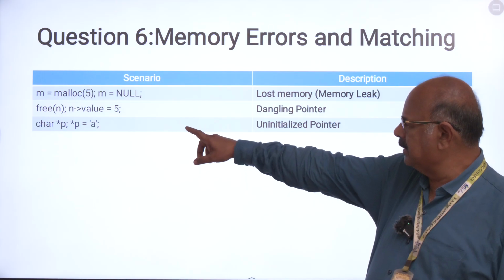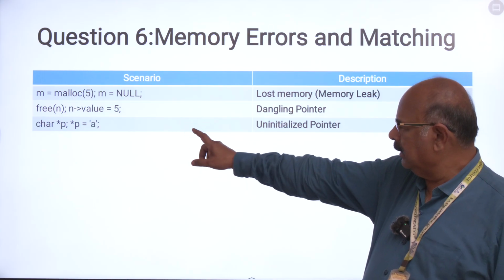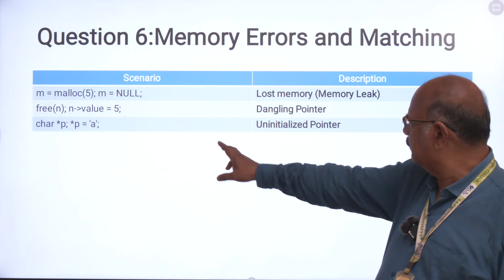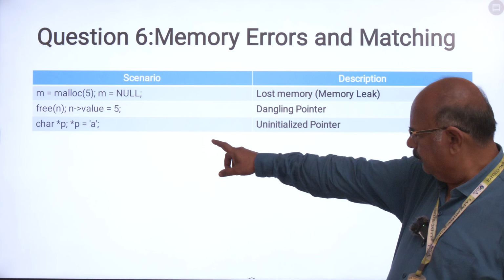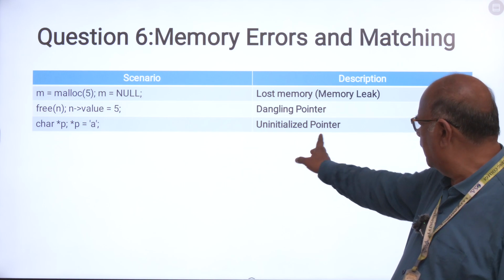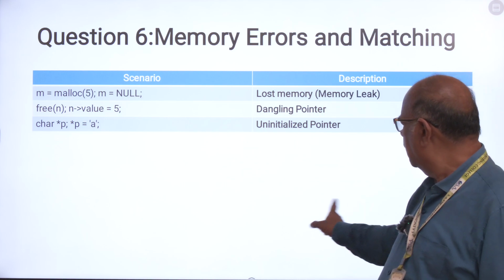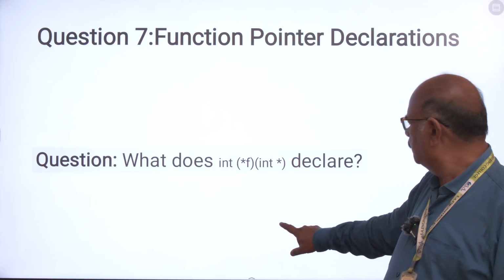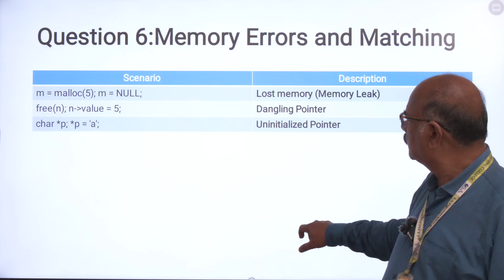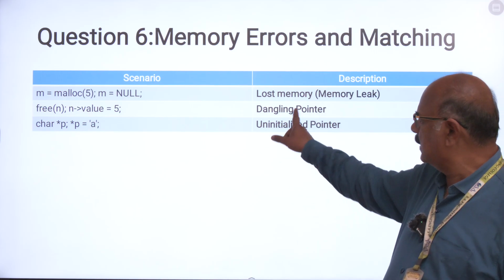Free p implies the value is equal to 5: dangling pointer. Char *p is equal to a: uninitialized pointer. Let us see the answer for the question. So these are the question and answer for this one.